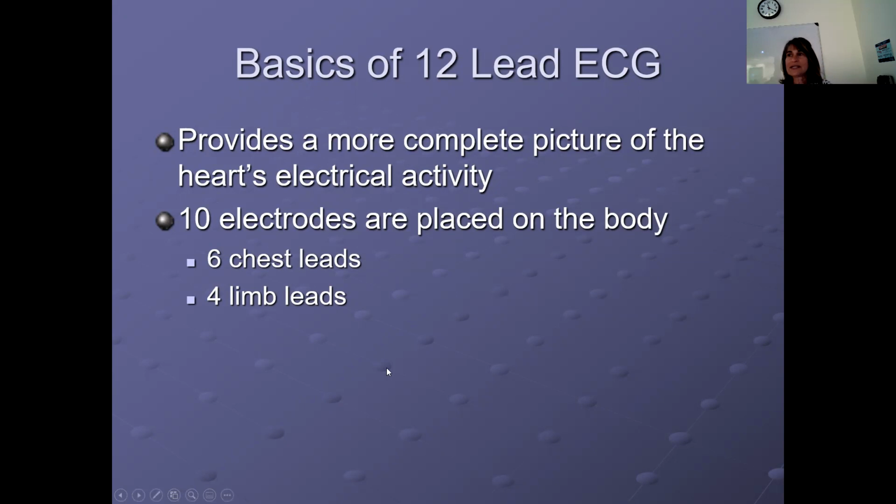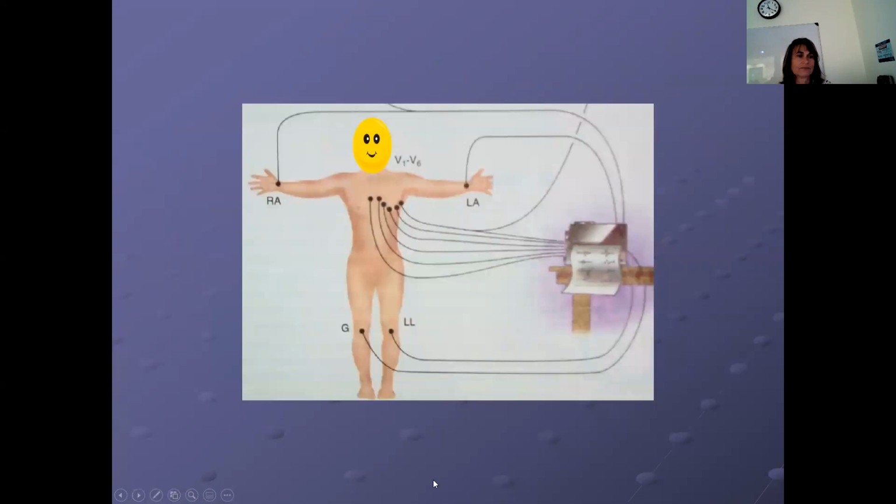When we put the leads on the wrists and on the ankles, they're called limb leads. And when we put the leads on the chest, they're called chest leads. So here's a graphic representation of where you would put the electrodes to get your 12 lead EKG.